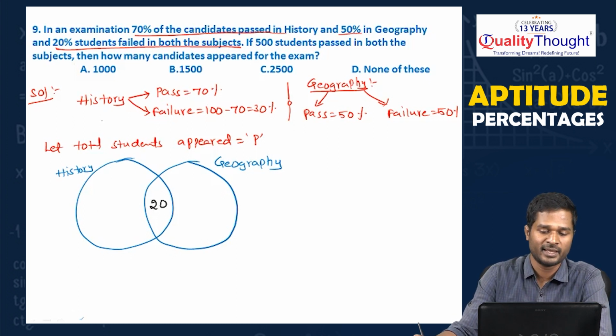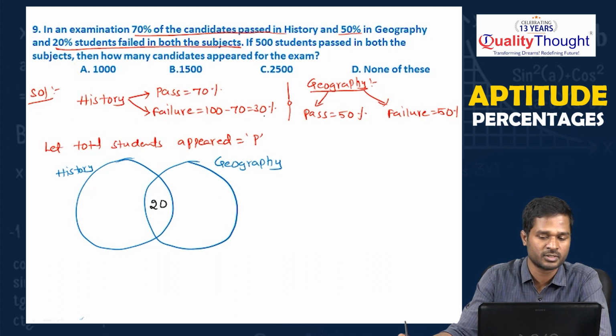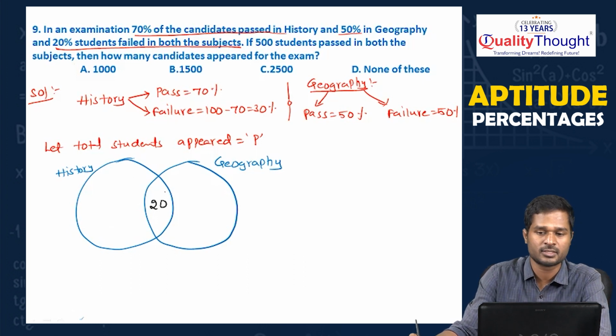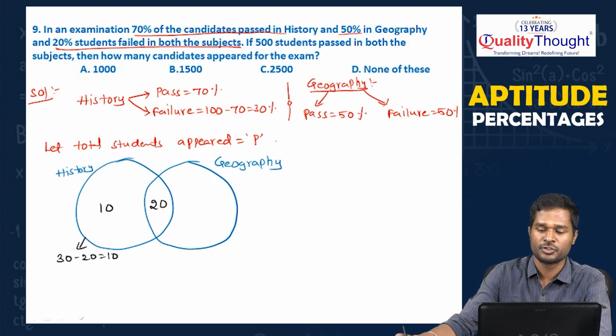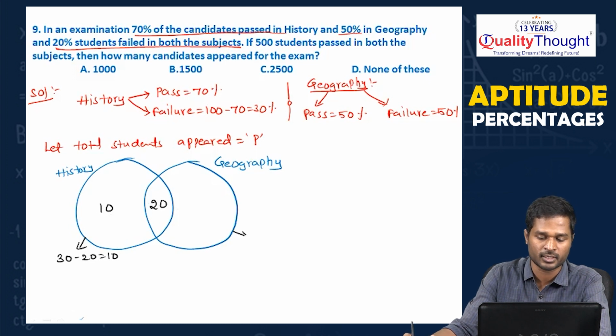Now, in history 30% of the students failed, so the first circle which belongs to history should have a total of 30, but 20 is already there. So the remaining value is 30 minus 20, which equals 10. Write 10 here. In geography 50% failed, but 20 is already there in the second circle also.